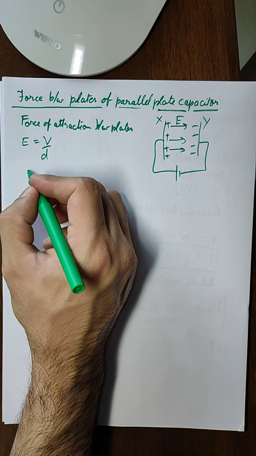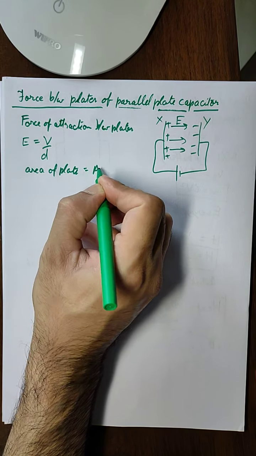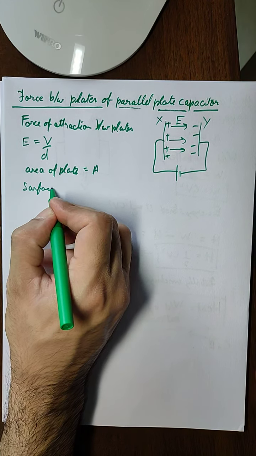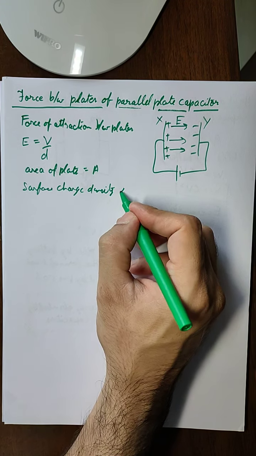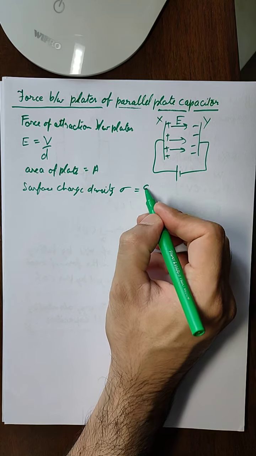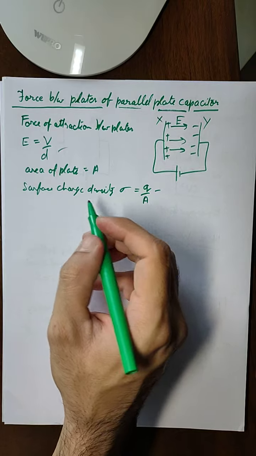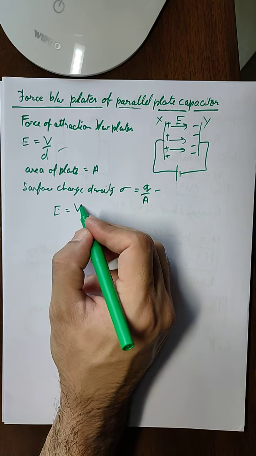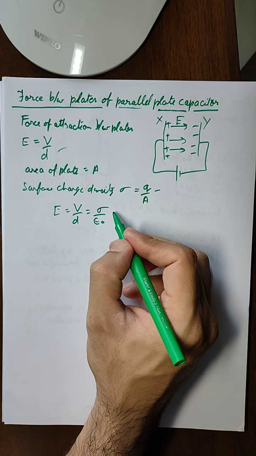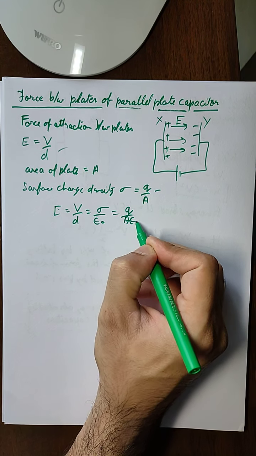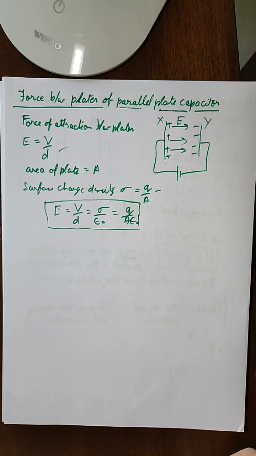Also, if the area of the plates is A, then the surface charge density sigma can be given as Q by A. Now using these two formulas, we can write that E equals V by D, and it is also equal to sigma by epsilon naught, and it is also equal to Q upon A epsilon naught. We have done all these three expressions of electric field in previous videos.